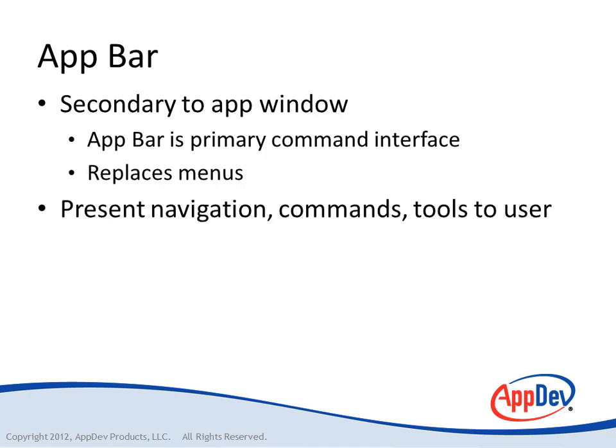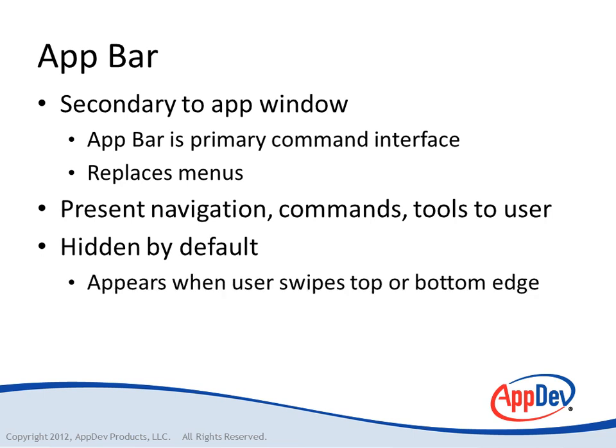You'll present navigation, commands, and tools to the user using app bars, but they're hidden by default. They appear whenever a user swipes the top or bottom edge of their screen or right-clicks on the screen. This covers content, however, so you need to be careful about how you use them.